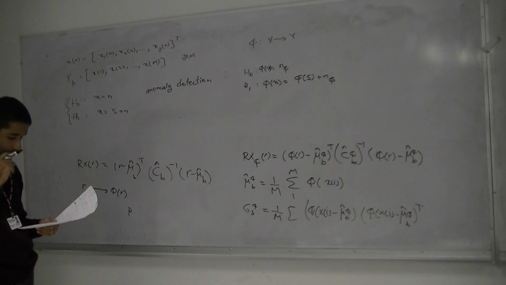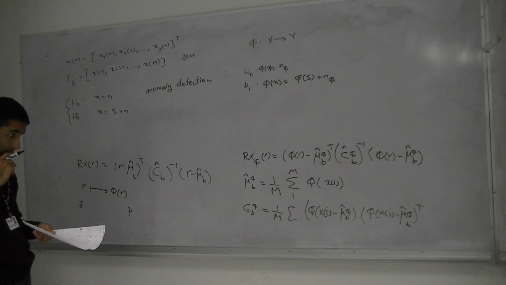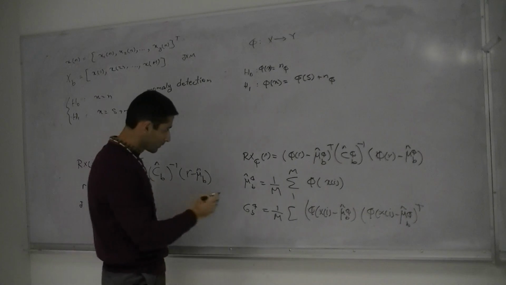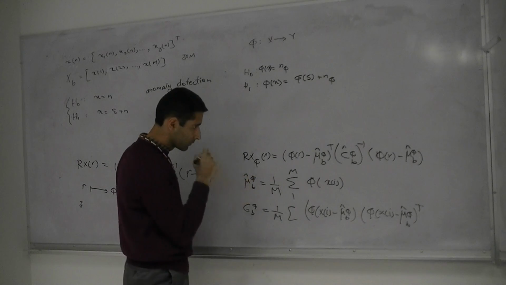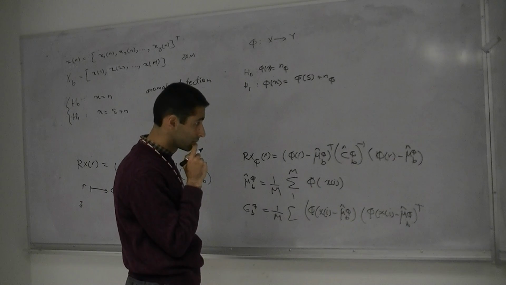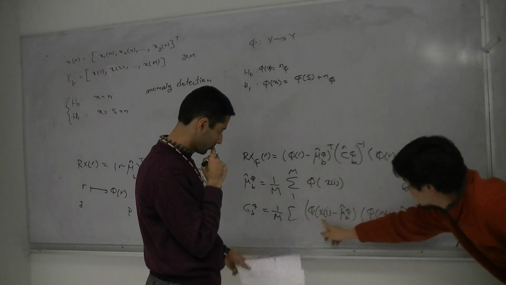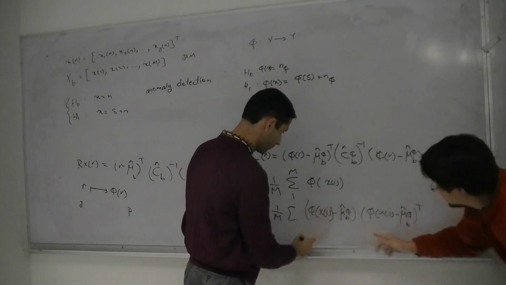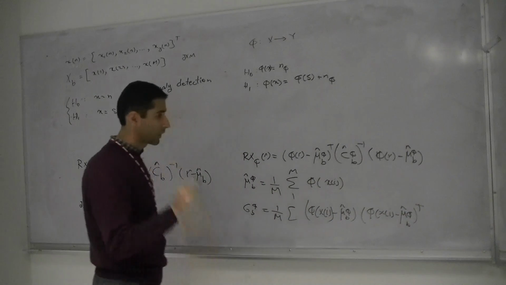This is minus mu phi, because you have a phi outside. Because this is the original space, you need to subtract mu from the anomaly. That's it.